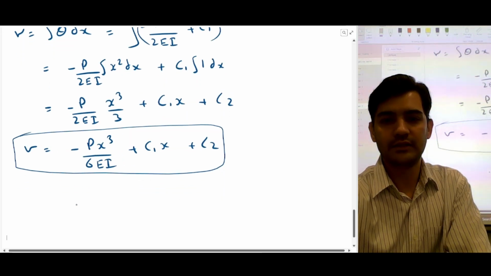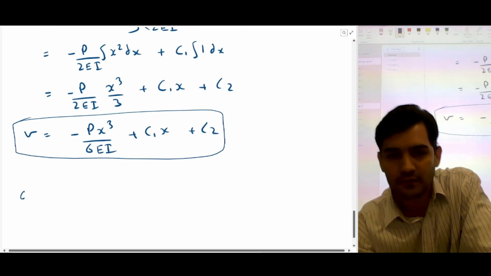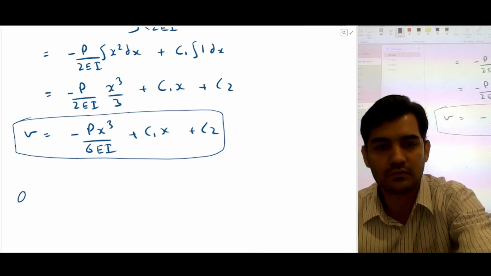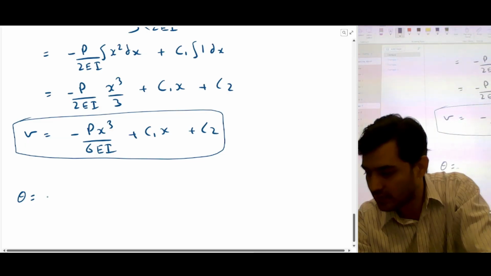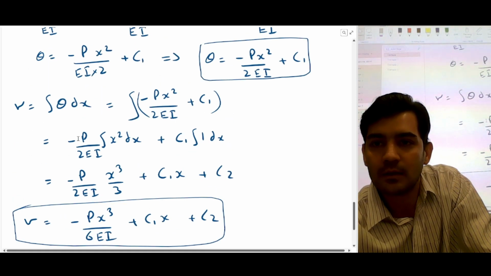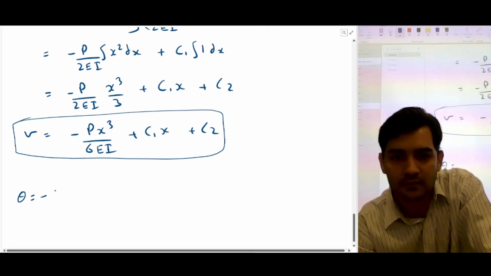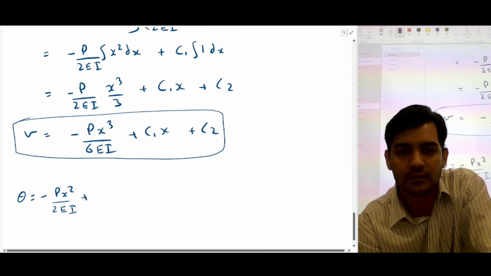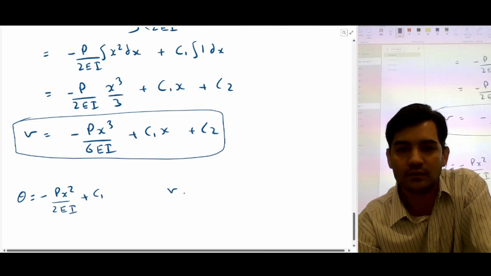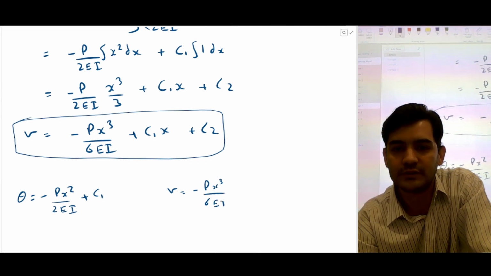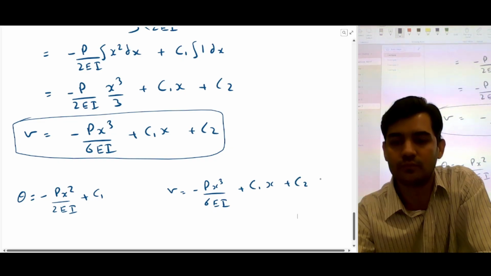So I'm going to write these equations here. Theta, I got, minus Px squared over 2EI plus C1, and the displacement I got is minus Px cubed over 6EI plus C1x plus C2.